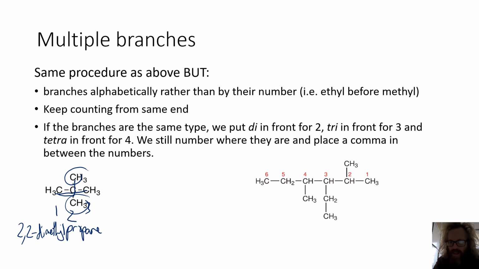This molecule here, the longest chain is 6: 1, 2, 3, 4, 5, 6. And if I go this way, I get the easiest name there. So if I go 6, it's hexane.